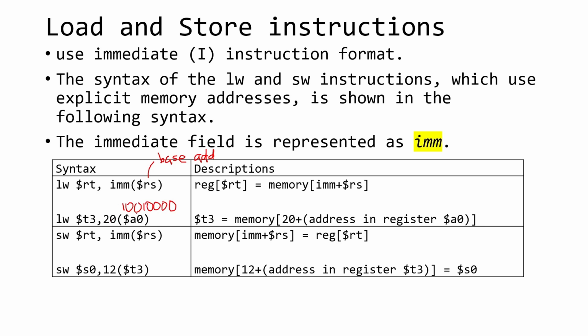This base address will be added with plus 20. The 20 here is not hexadecimal. This is decimal. So you need to convert it into a hexadecimal number first, then you can add it together with this memory address.